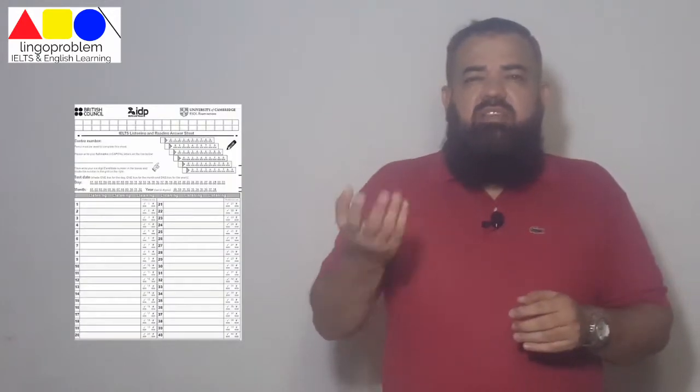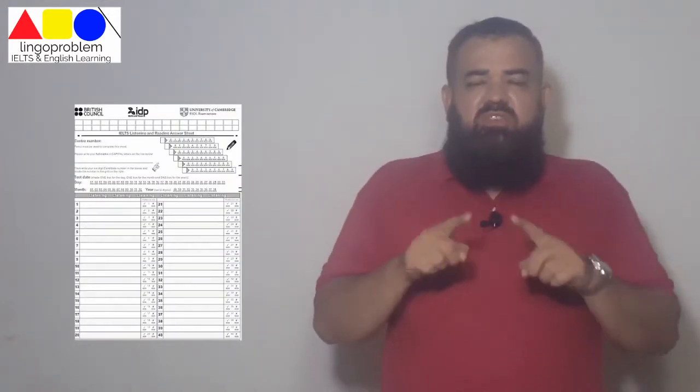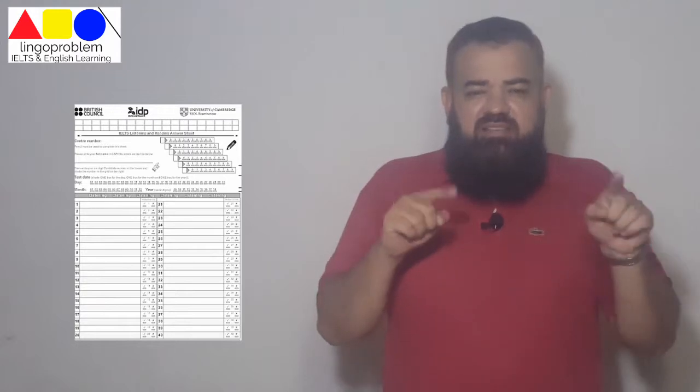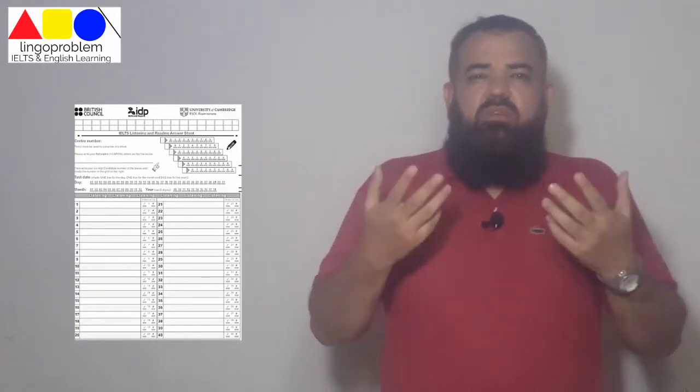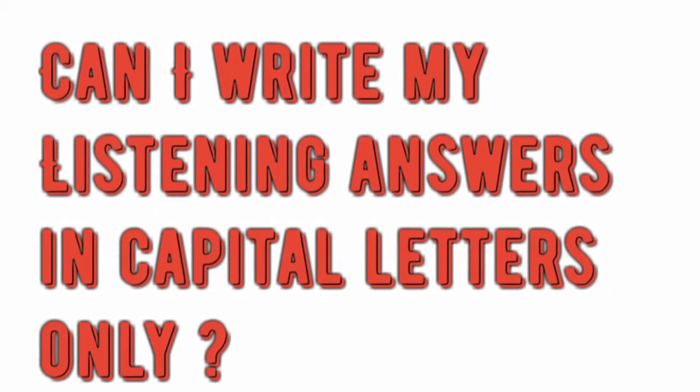So you can write whatever you want to. They will not check what you have written on your question paper. After this test, they will provide you another answer sheet, which is the official answer sheet of IELTS listening. So in 10 minutes time, you have to transfer all your answers to that sheet.